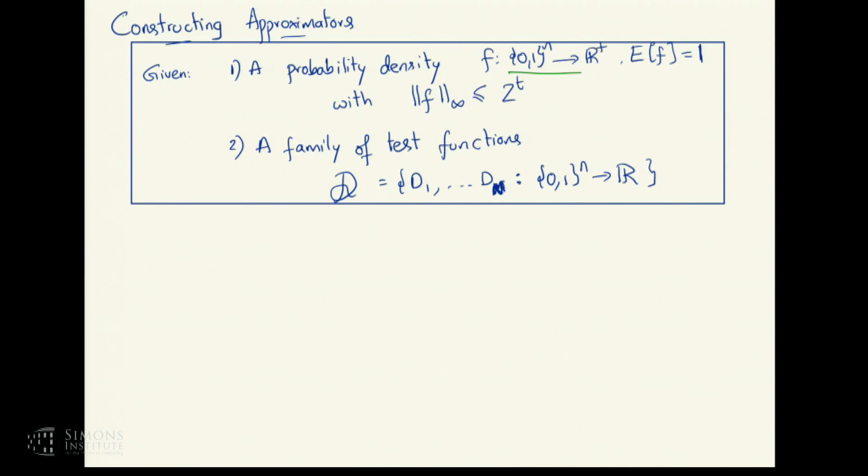What you also have is a family of tests. Think of these as statistical tests, or just as functions, for instance d1 through dN over the hypercube, and your goal is to construct an approximation for f against these tests.